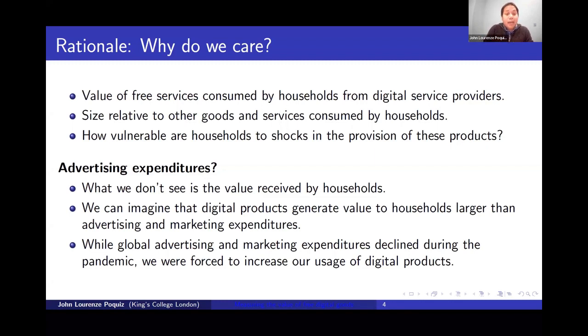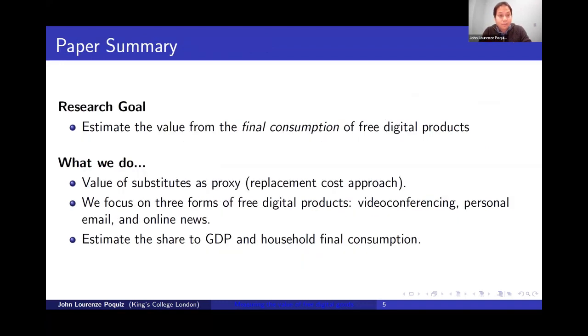Also, perhaps we can imagine that these digital goods and services generate value above advertising. One way I can think about this is during the pandemic, global advertising expenditure actually declined, even though our experience regarding the use of these goods and services is contrary to the decline in global advertising expenditures.